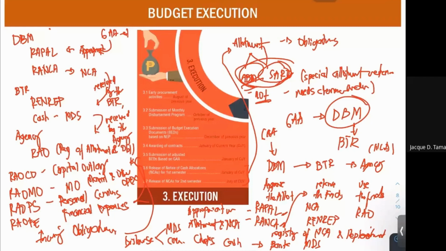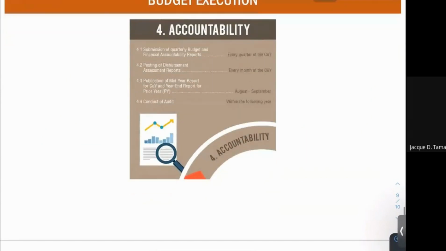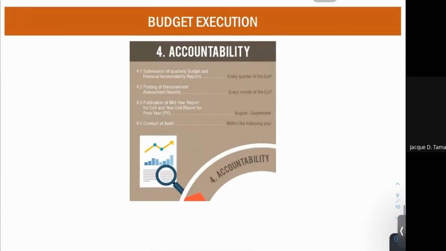Now we proceed to your budget accountability. So for your budget accountability, this happens alongside your budget execution phase. So the DBM, of course, now monitors the efficiency of the usage of the particular fund. So the first one is the submission of quarterly budget and financial accountability reports. So what will happen to this?